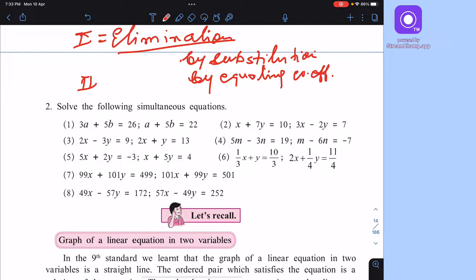So we can try all these equations by both the methods. Okay, so let us see here. As far as the first equation number 2, first sub-equation is concerned, we have 3a plus 5b is equal to 26 and a plus 5b is equal to 22.